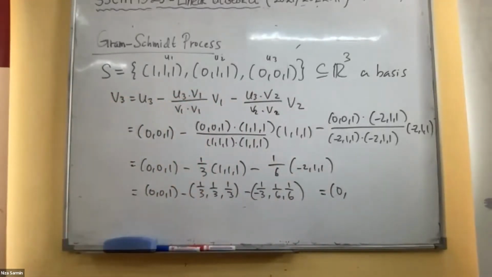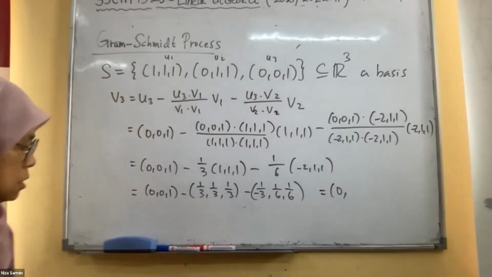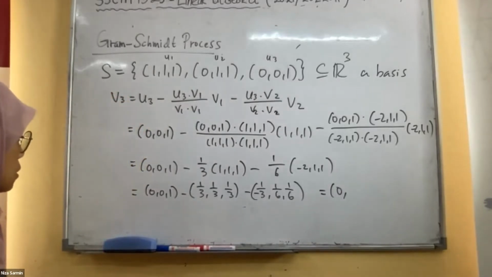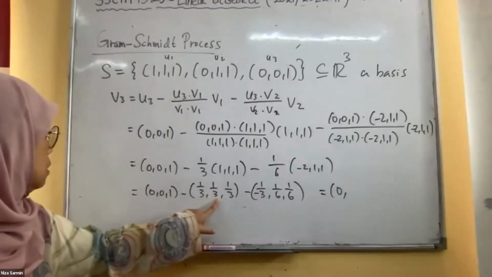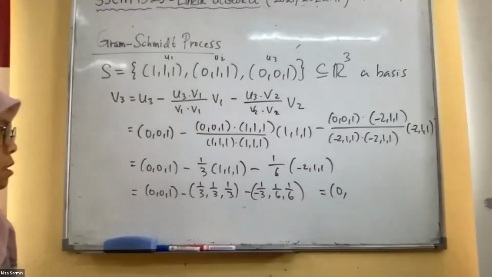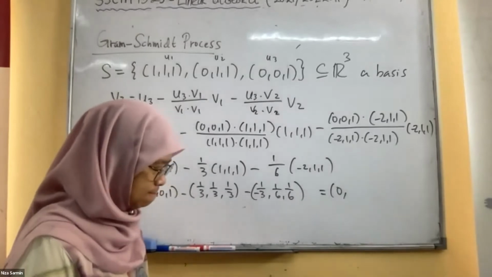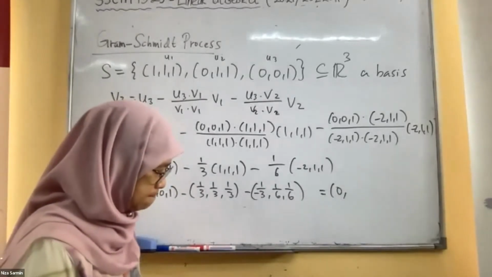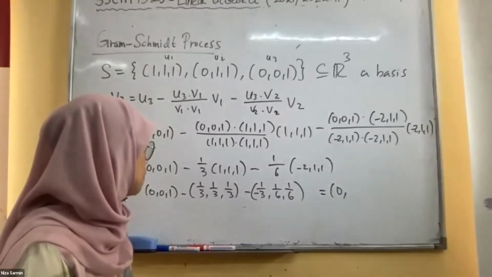Then 0 minus 1/3 minus 1/6: 3 over 6 minus 1 over 6 is 2 over 6. Then 0 minus 1 over 3 minus 1 over 6, minus 3 over 6 minus... 4 over 6. Calculate, over 6, yeah?